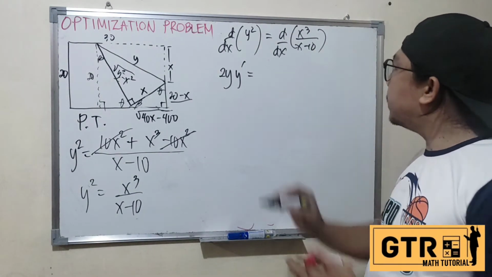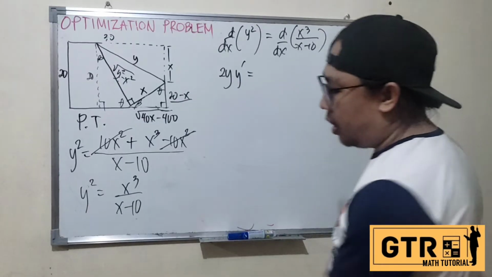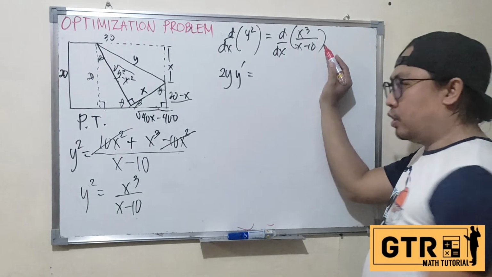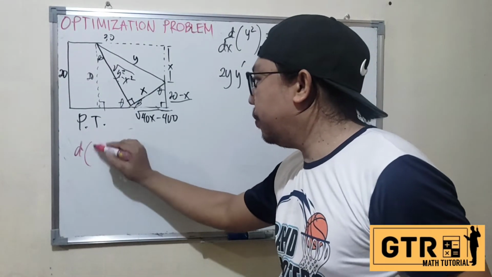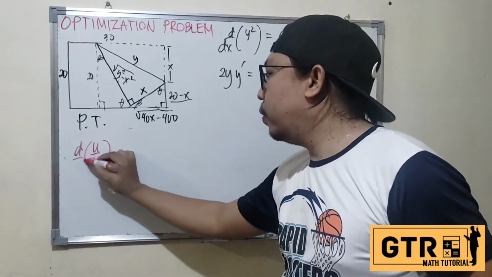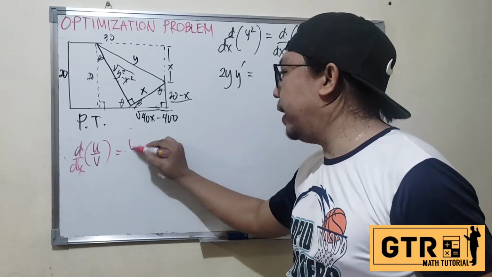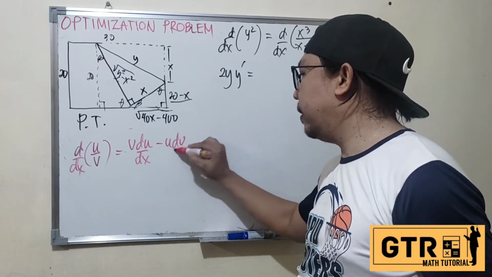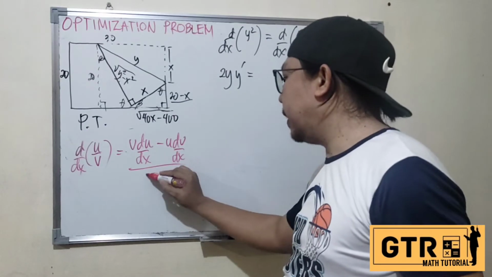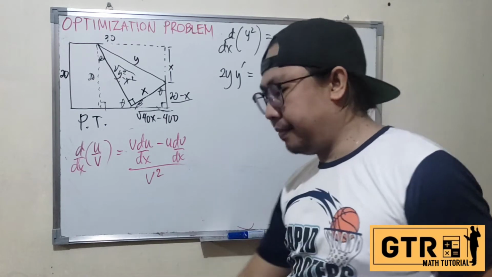Equals, we're going to use the quotient rule for this. The derivative of u over v with respect to x is equal to v du with respect to x minus u dv with respect to x, all over the denominator squared.